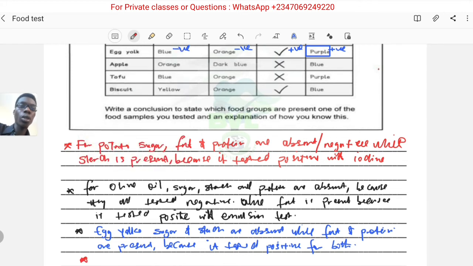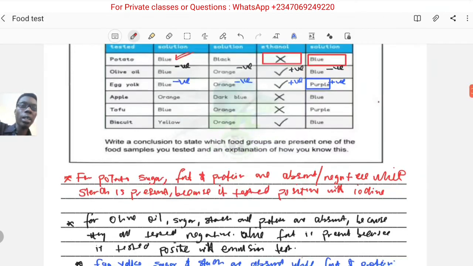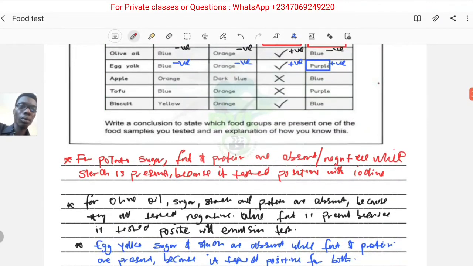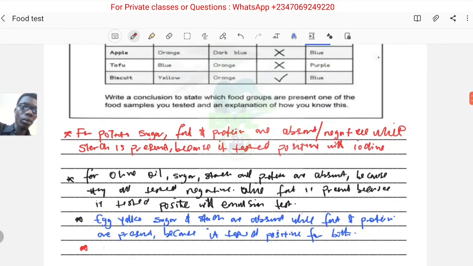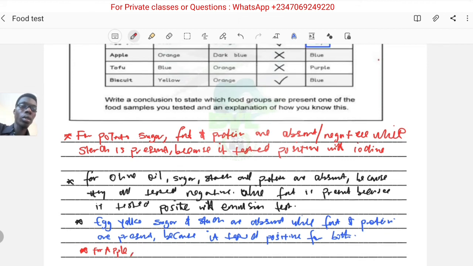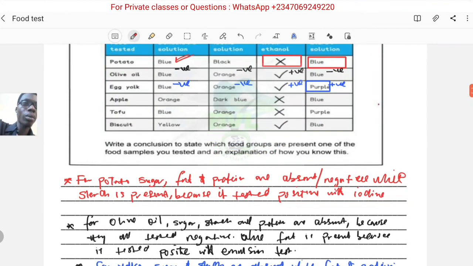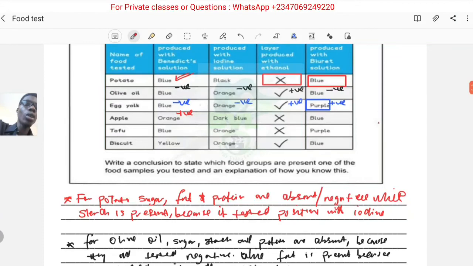Then for apple, it's positive for sugar because the color changed from blue to orange.